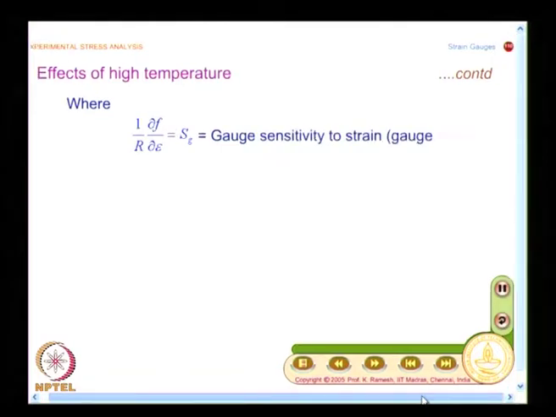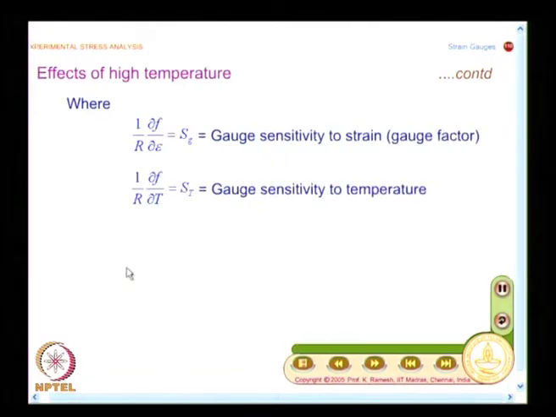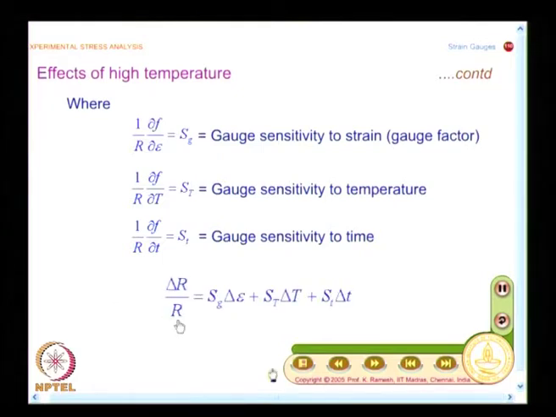The expression for delta R by R can now be thought of as Sg into delta epsilon plus ST into delta T, and the nuisance factor is St into delta t. So, you have a factor of time coming into the picture.